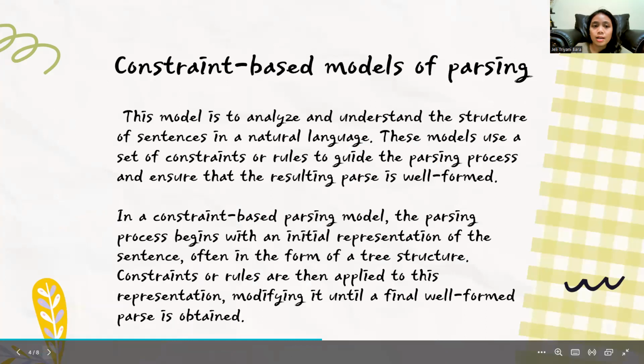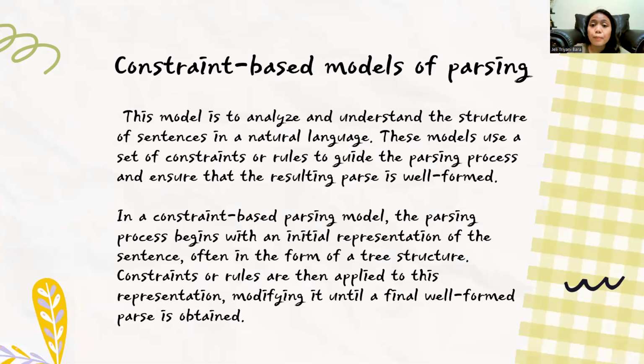Next, the next model is constraint-based models of parsing. This model is used to analyze and understand the structure of sentences in natural language. It uses a set of constraints or rules to guide the parsing process and ensure that the resulting parse is well formed.